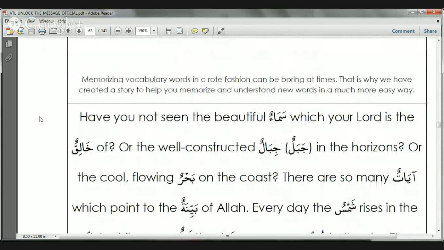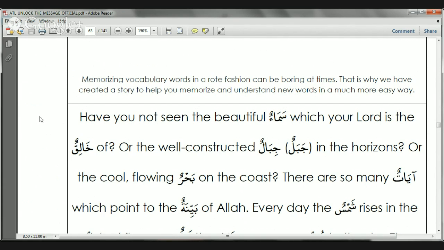Have you not seen the beautiful sama'un, sky, which your Lord is the khaliq of, the creator? Khaliqun is creator. Or the well-constructed jibalun, mountains. Actually, jibalun is mountains, plural, and jabalun is mountain, singular.